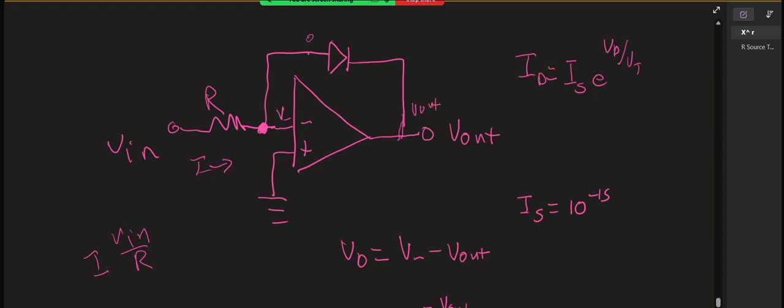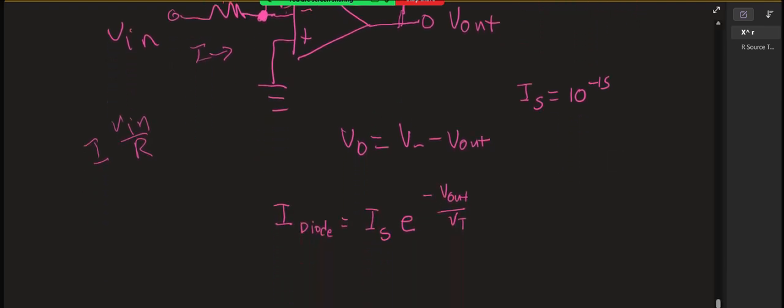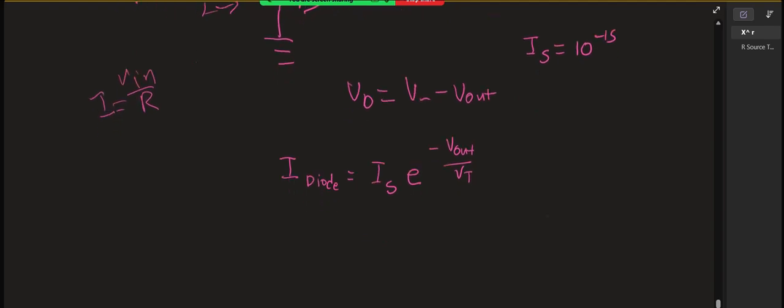Yes. Why? Because the current I minus is equal to 0, so it's just flowing all back to the diode. Correct. So that has to be Vn over R.